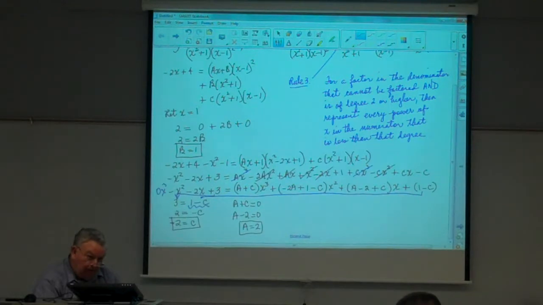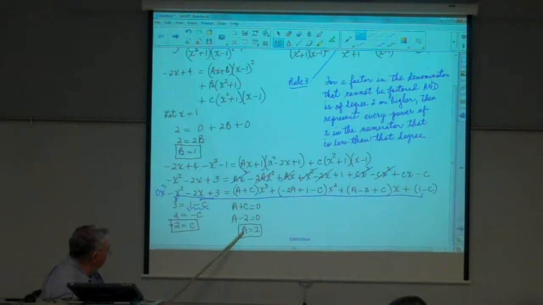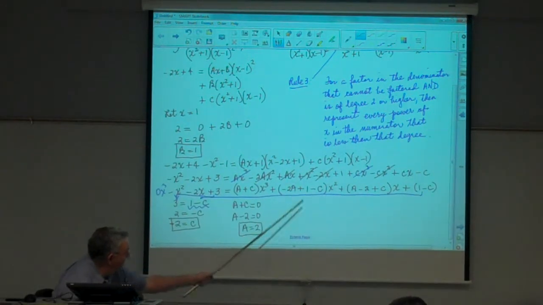Jake? Okay, how are you getting rid of this negative 2a plus 1 minus c x squared and the a minus 2 plus c to x? What I'm telling you is if you put these 3 in, you will get minus 2 right here.